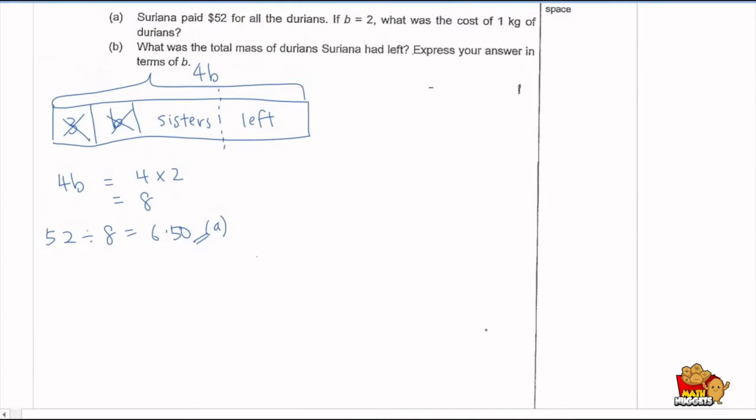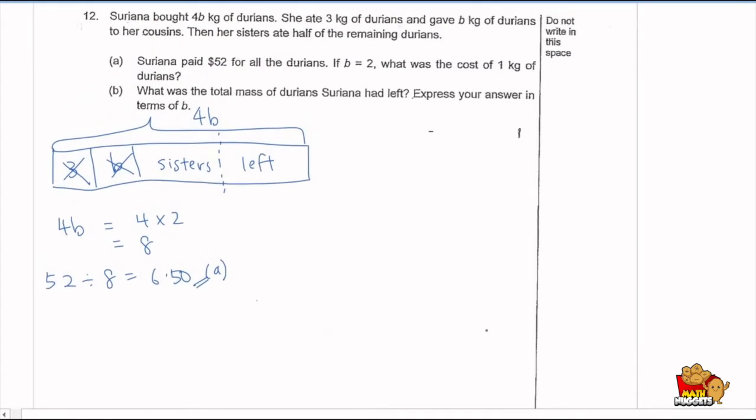Okay, then for part B, what was the total mass of durians that she had left? Express your answer in terms of B. So take note, part B is not linked to part A. So she started off with 4B kg. She ate 3.